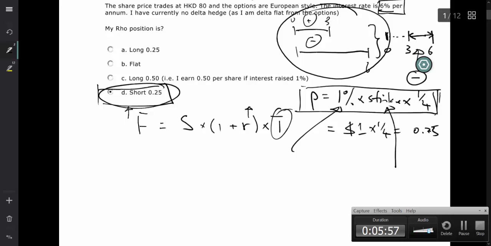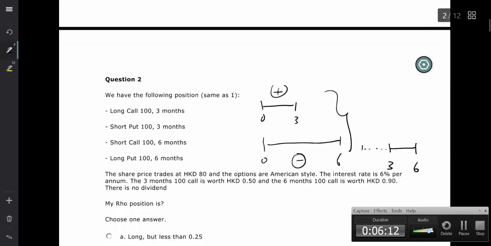So the 1/4 here represents the duration of your position, and from 3 to 6 months is 3 months, which is a quarter of a year. Now, a similar logic applies here.